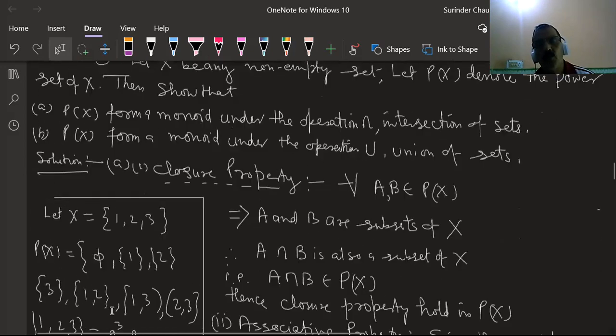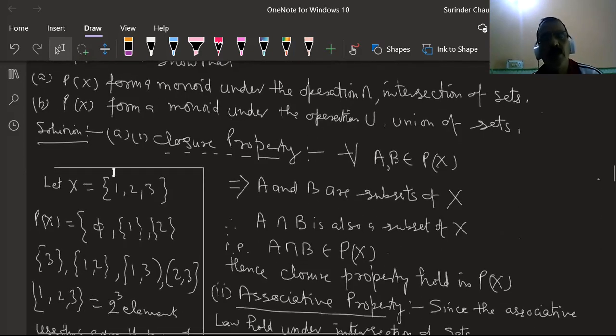So the first part will show that Px forms a monoid under the operation of intersection of sets. So Px is an algebraic system, and the binary operation is intersection. We have to show three properties: closure, associative, and existence of the identity element.